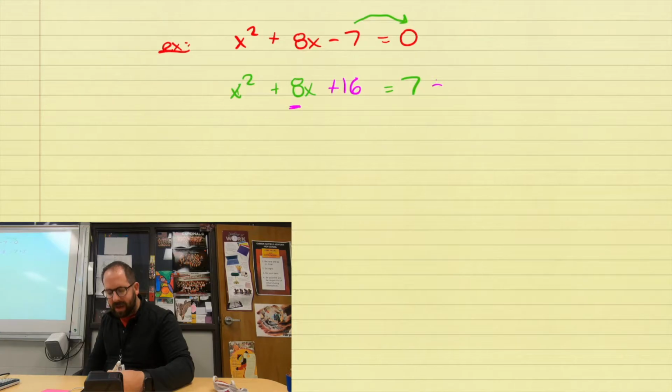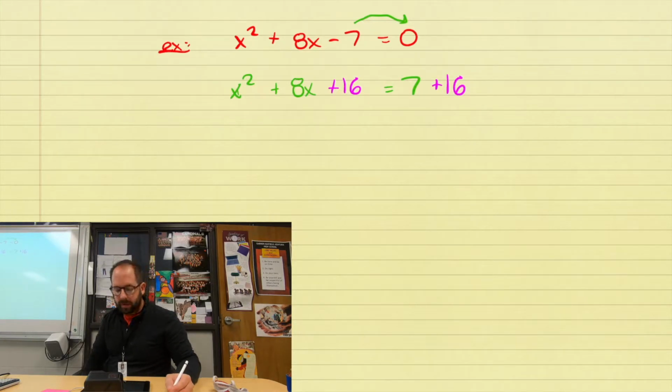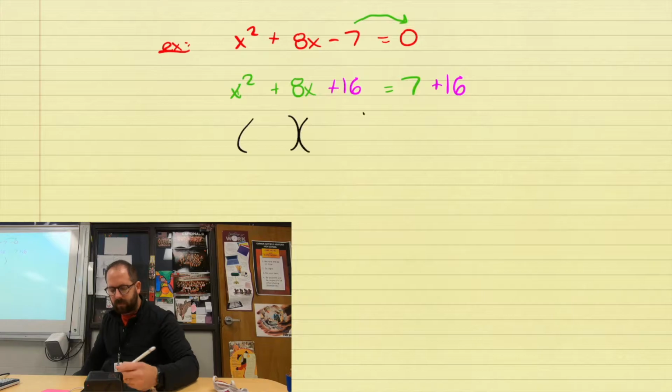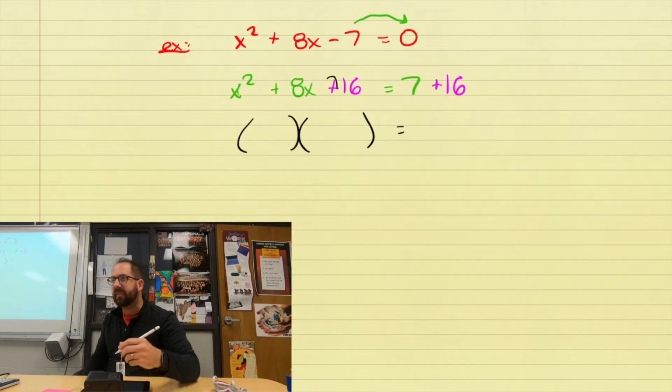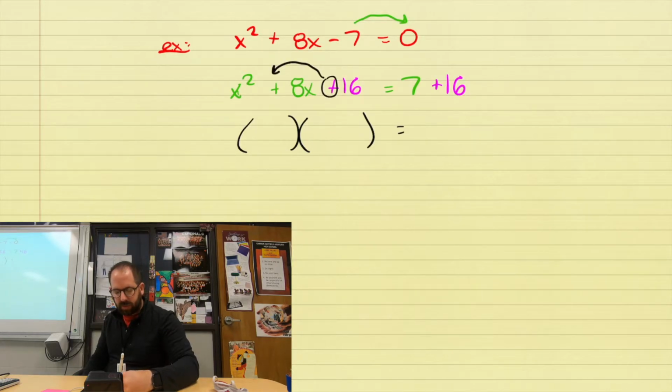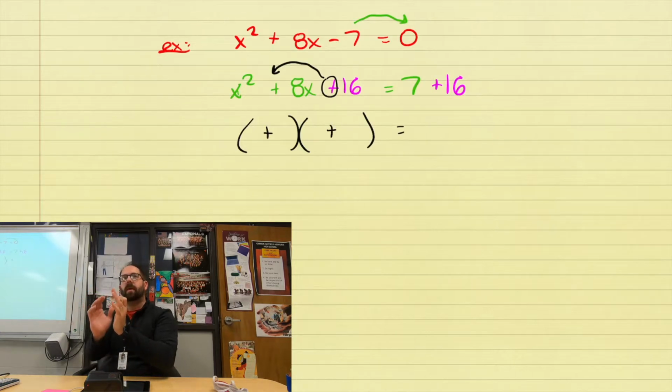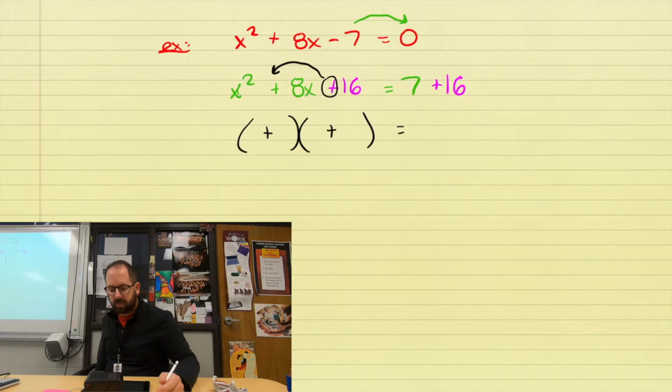And we're going to magically add that to both sides. It almost seems like you're making up a number because you are. It's half the middle squared. And then the left side here should be factorable. And how it works, they're going to be the same symbols every single time. This is what the symbol is going to be. Now, if you just want to put the 1 parenthesis down and put the power of 2 on it, that's fine because it's always going to be the same 2 parentheses.